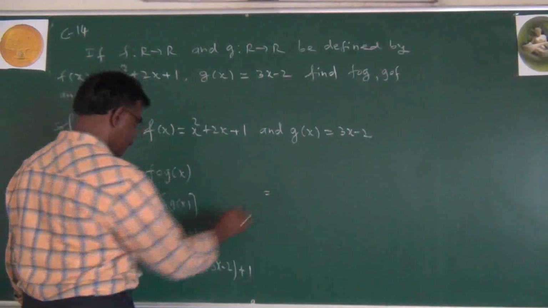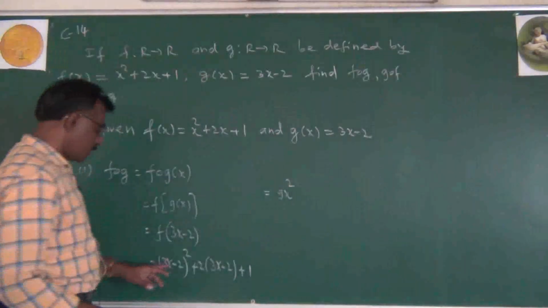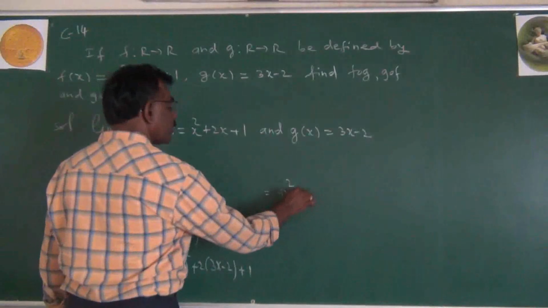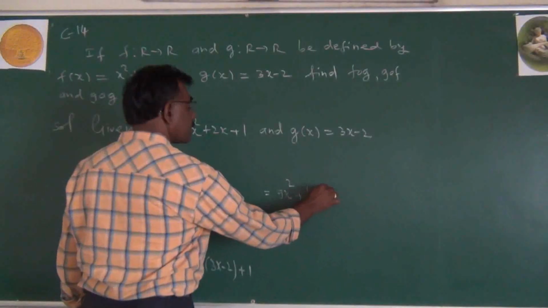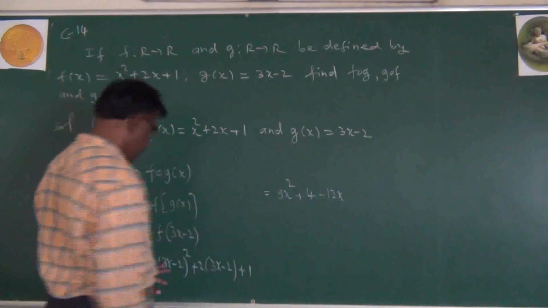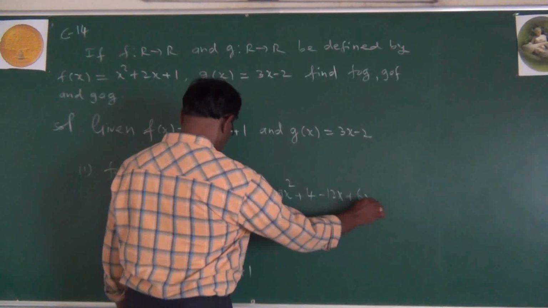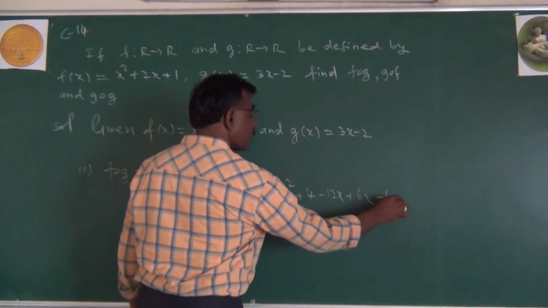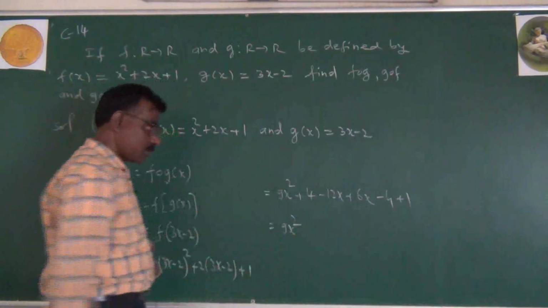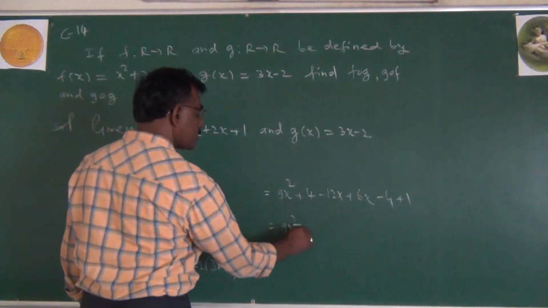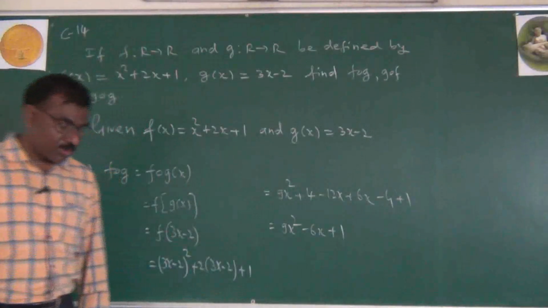That equals 9x square plus 4 minus 12x plus 6x minus 4 plus 1.